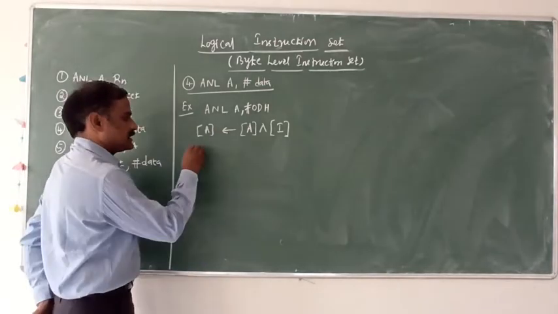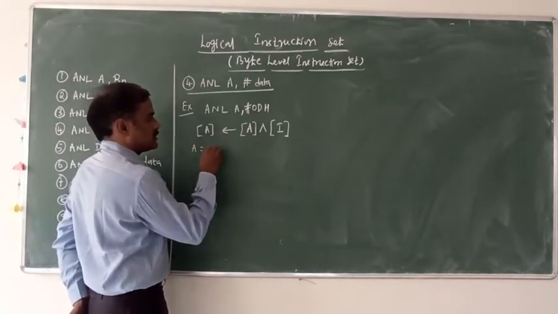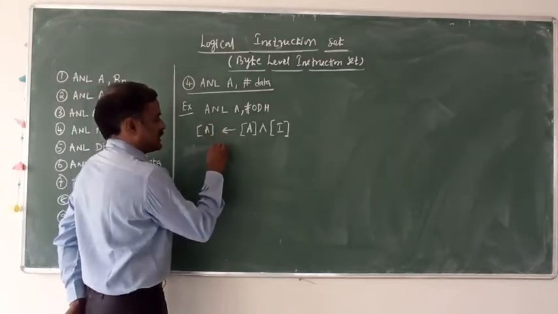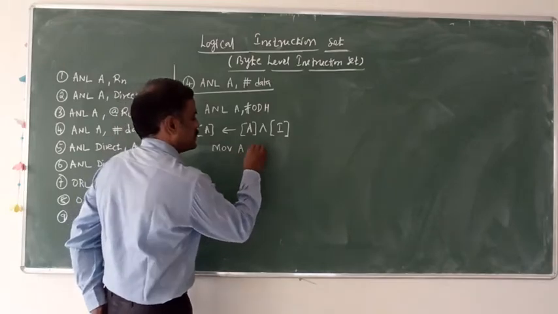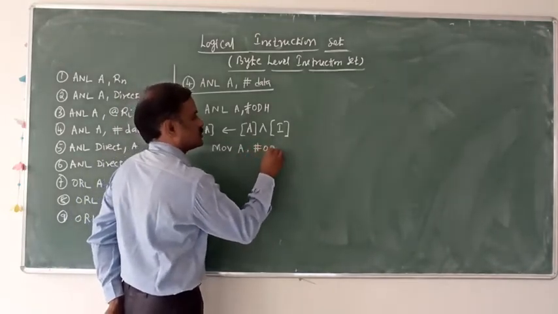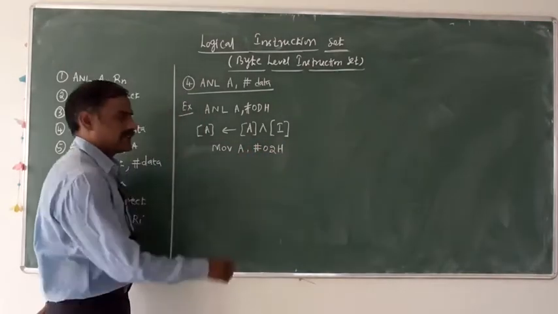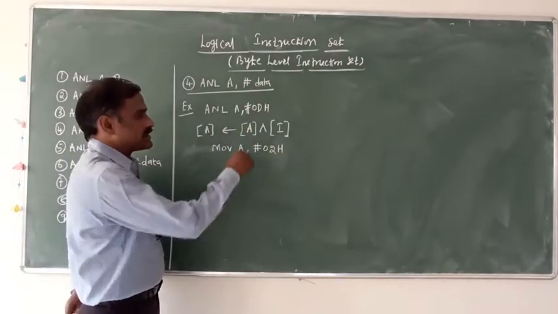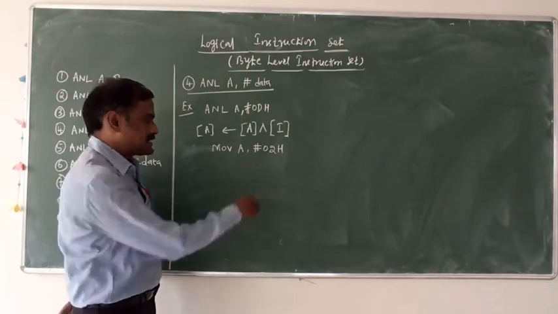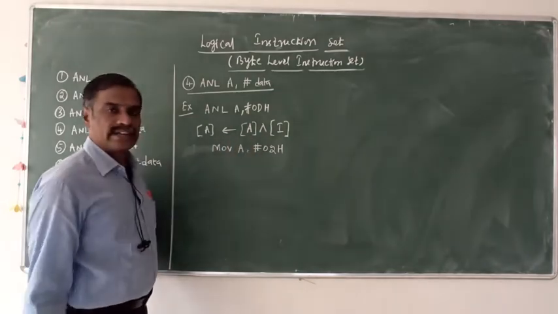First we have to initialize the data in the A register: MOV A comma hash 02H. Accumulator data is 02 and immediately given data is 0D. Now logically AND these two and the result moves to the accumulator itself.